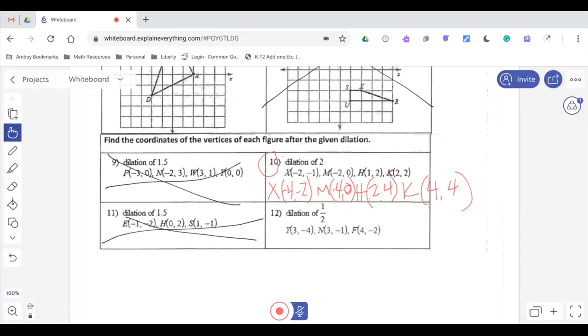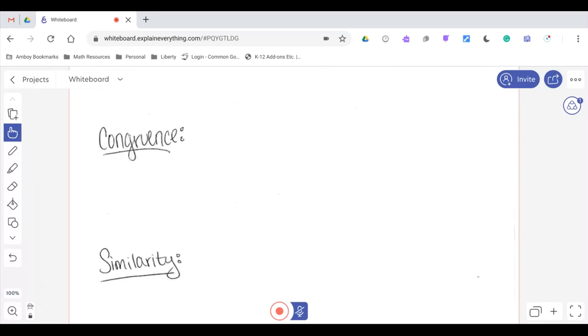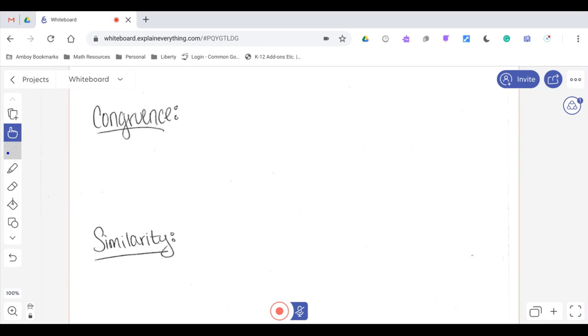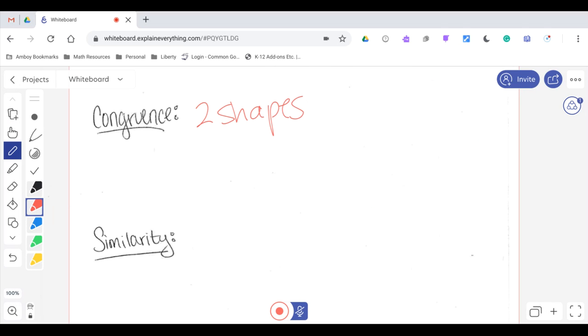So let's flip to the back here. Okay. So last year we spent a lot of time in our geometry unit on the idea of congruence. Okay. So two shapes are congruent when they meet two qualifications. By the way, there was a symbol for congruent that you might want to remember.